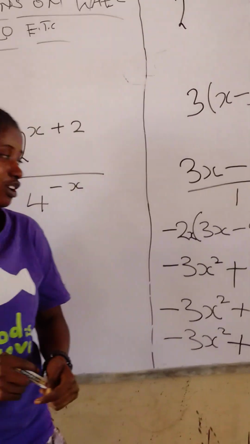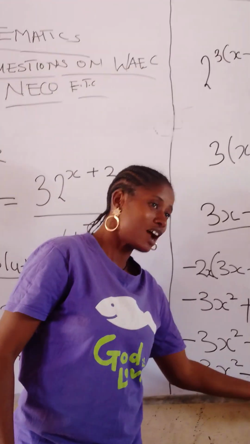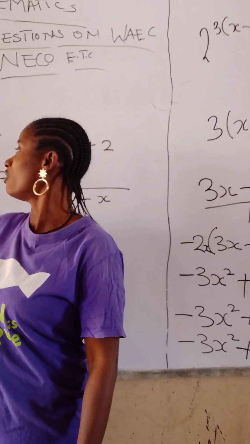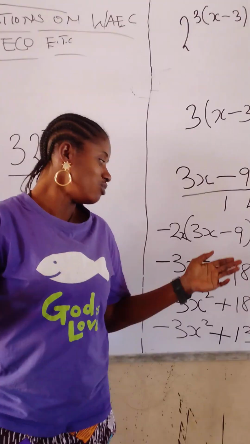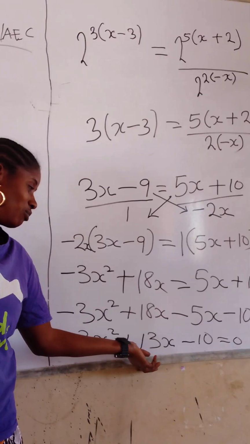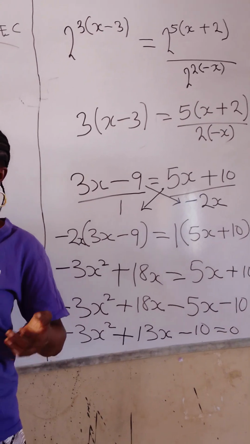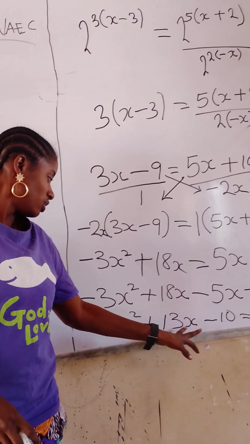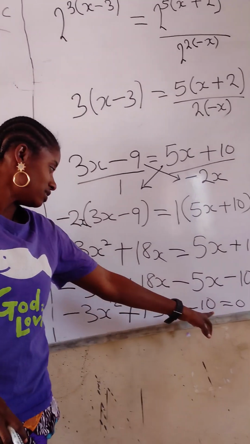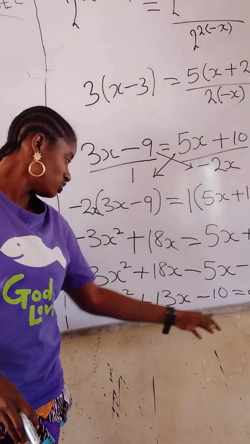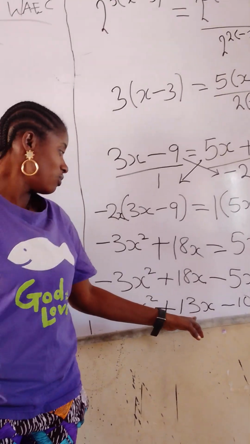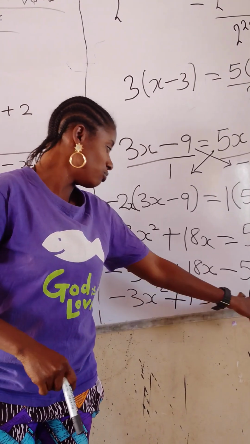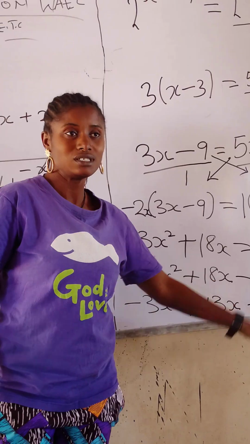If you want to go further, you can also factorize this. But in your question, you are only asked to evaluate, and this is indices. If you are asked to evaluate and factorize the final answer, you multiply this by this, then you look for two numbers that when you add will give you 13, and when you multiply will give you 30.